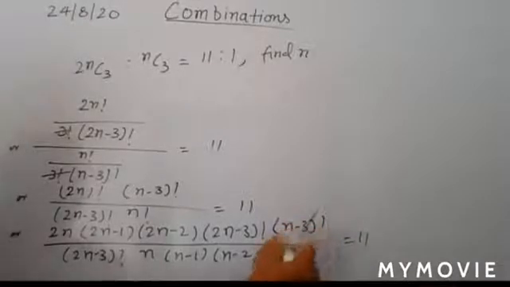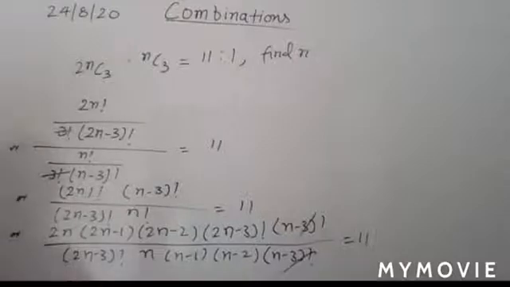So (n minus 3) factorial cancels out, (2n minus 3) factorial cancels out, and this n and this n cancel out.